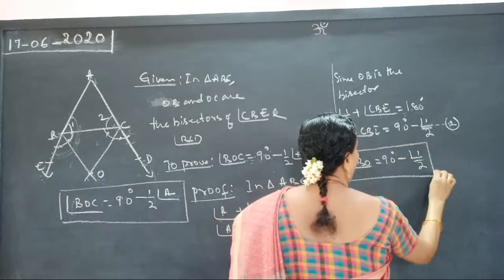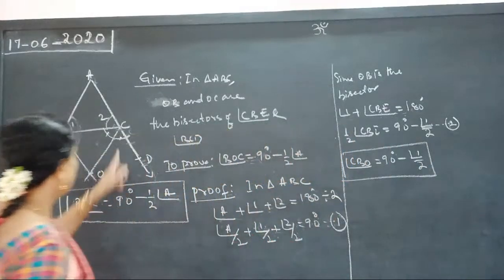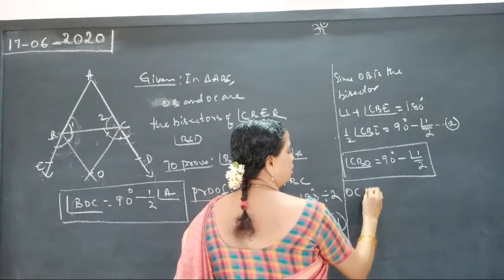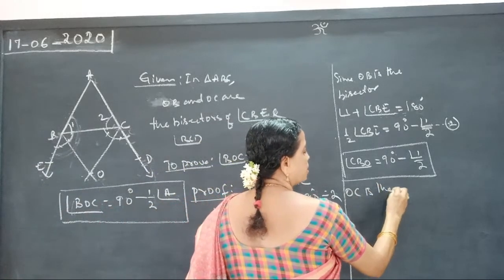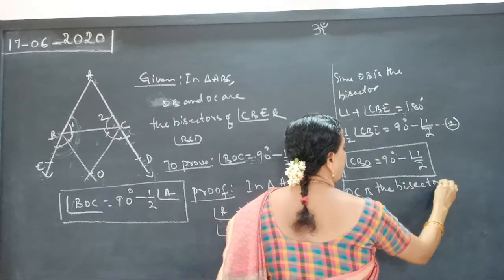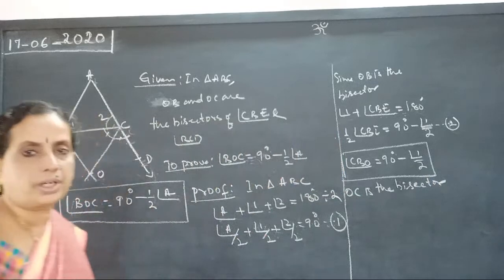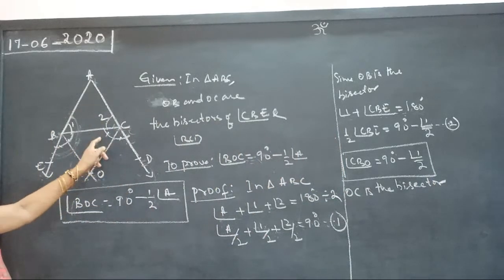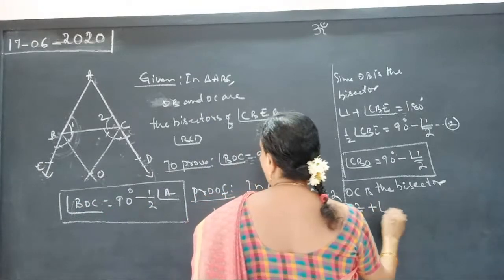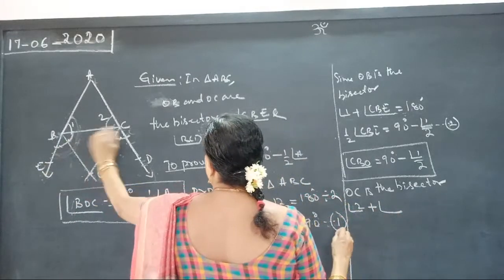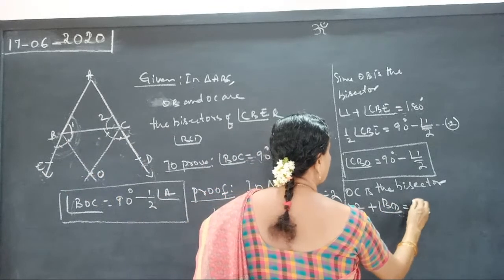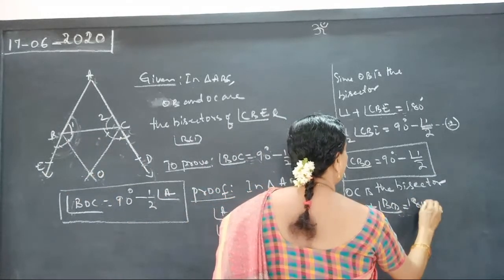So the other part also we can consider. Since OC is the bisector, we can consider these two are equal in measure. Angle 2 plus angle BCD equals 180 degree.